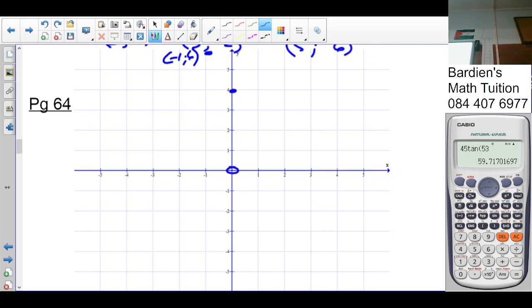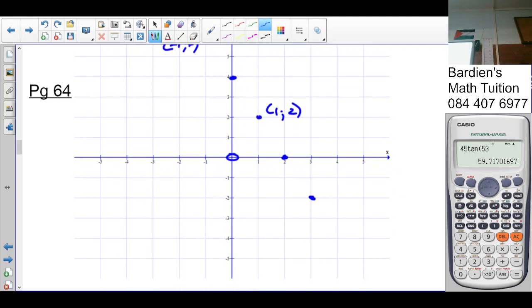Next one? 1 and 2. Next one? 2 and 0. The next one? 3 and negative 2. The next one? 5 and negative 6. The negative 5 is there. The negative 6 will be a bit lower than that.